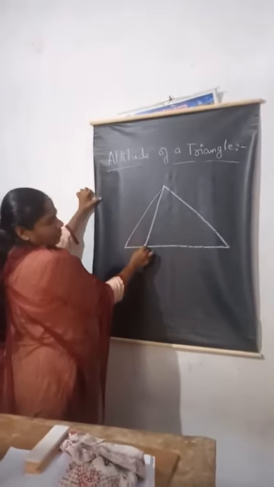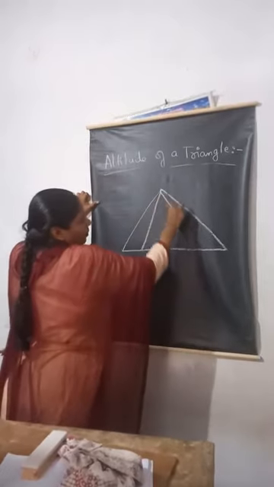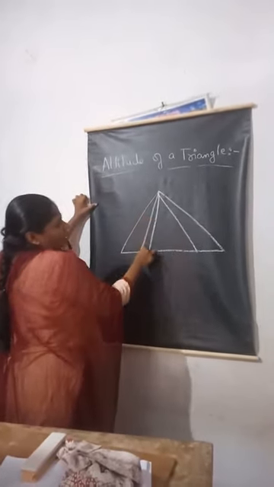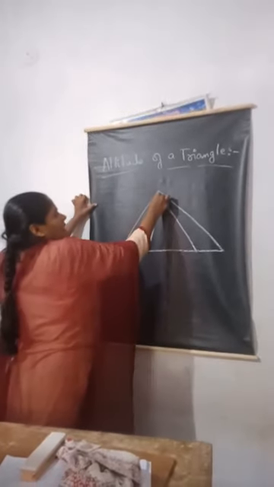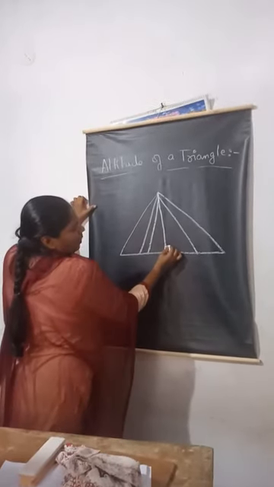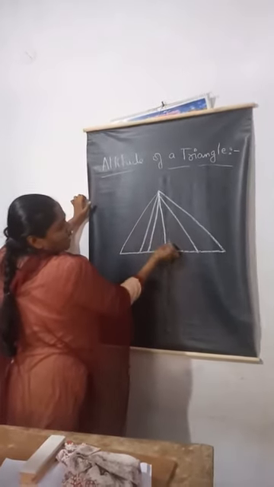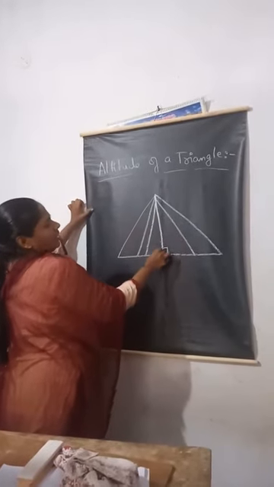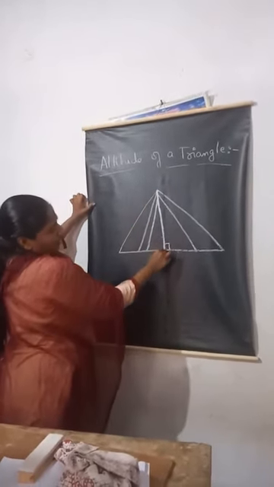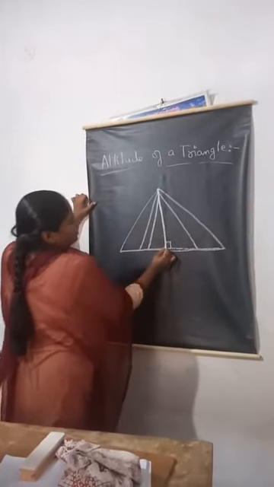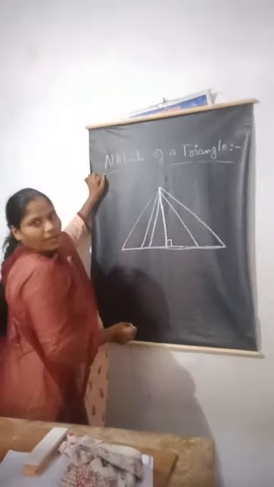The perpendicular line segment from a vertex to the opposite side is called the altitude of a triangle.